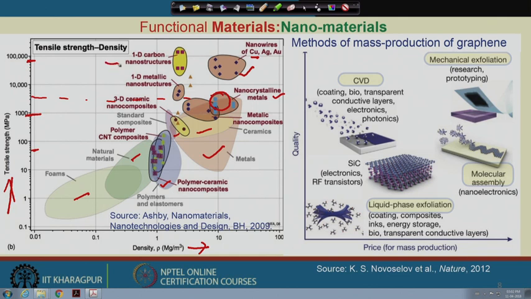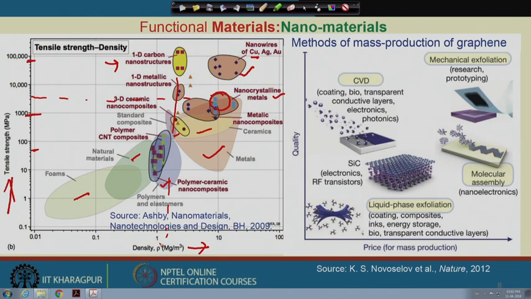Even for one dimensional carbon nanostructures, we can go up to a very high strength level, as well as we can decrease the density. So, you can see that such a functional structure needs to be developed for strength purposes also.